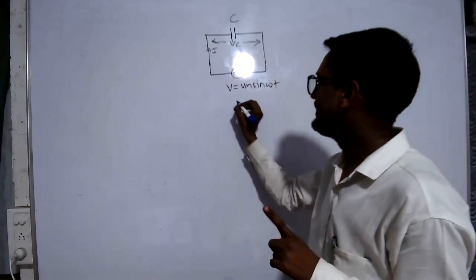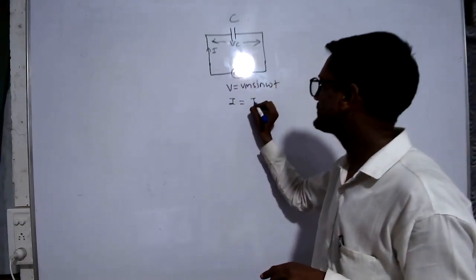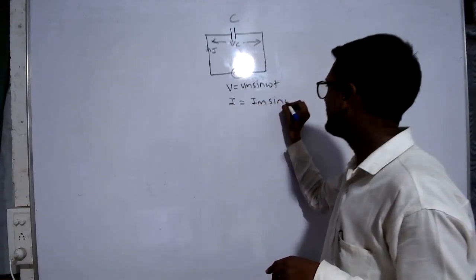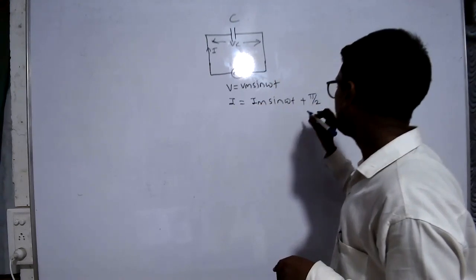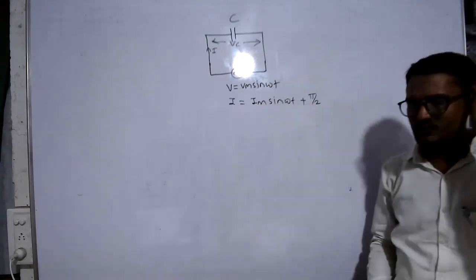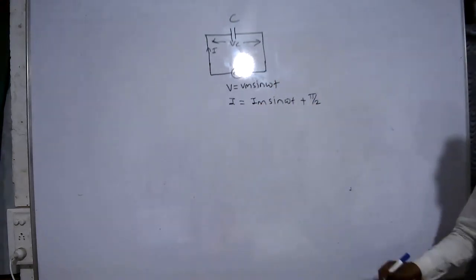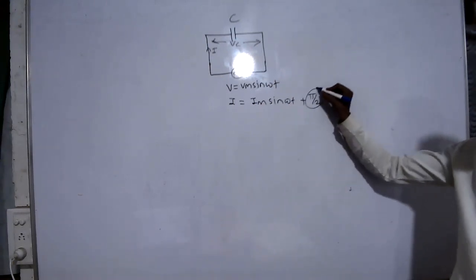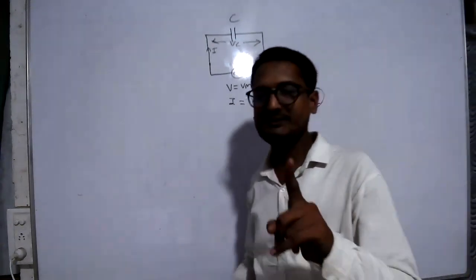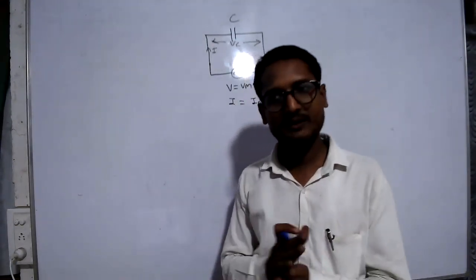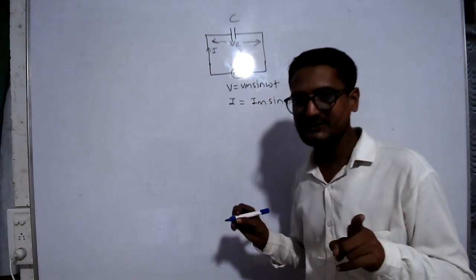That means the current equation is I equals Im sin(omega t plus pi by 2). The phase difference is a leading phase difference.